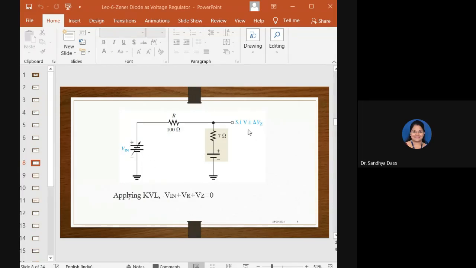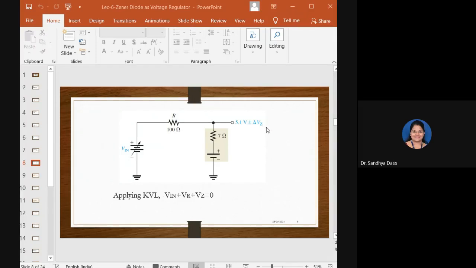So this delta Vz depends on the difference in the Zener current. According to Ohm's law, can we take delta Vz as Iz max minus Iz minimum into Rz?